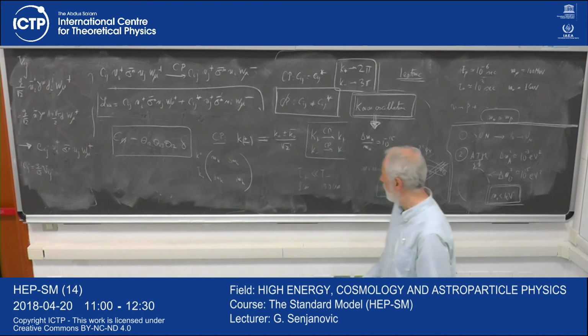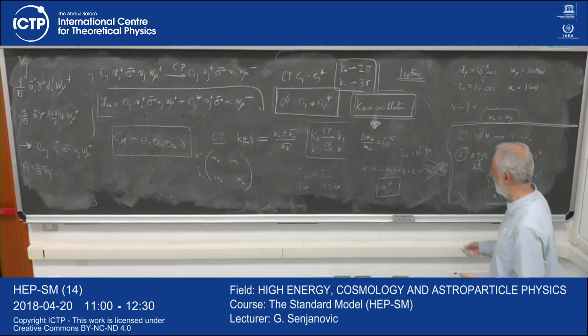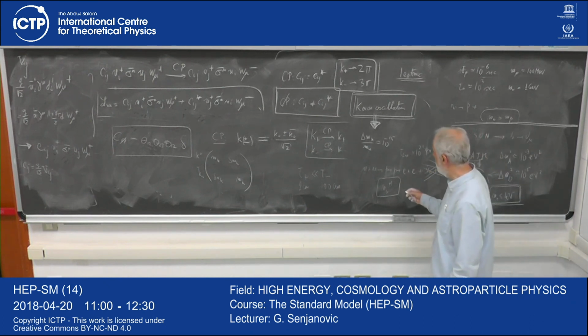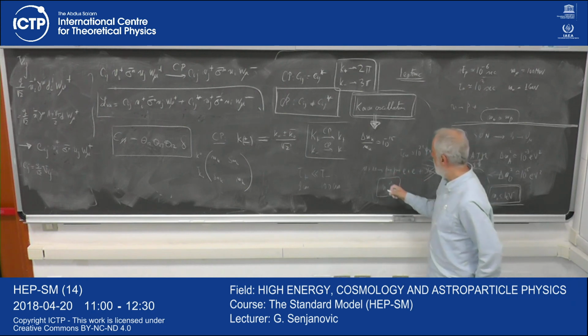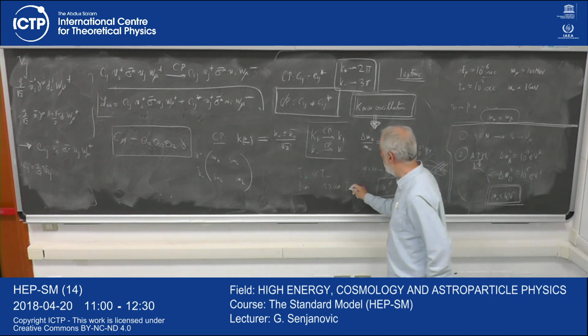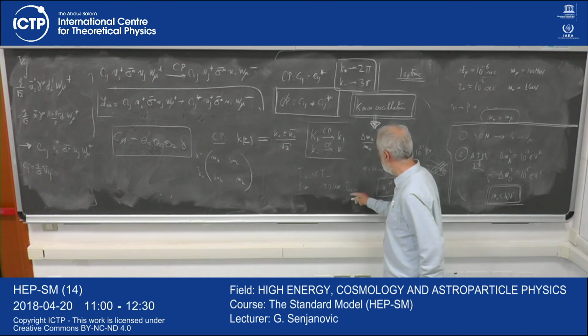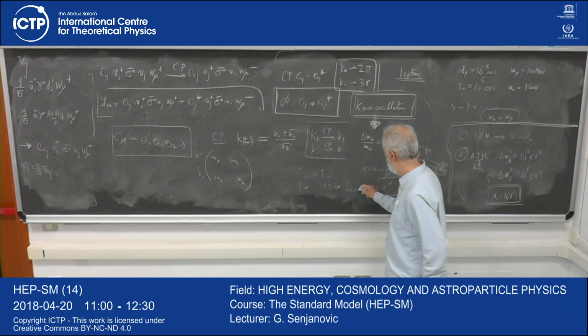It was the last paper before his disappearing, one of the few papers that he published, saying that this would happen. One was desperately searching for this process, and you don't see it, so you put an upper limit. 0 nu 2 beta, we call it. 0 neutrinos, 2 beta. It's bigger now than 10 to the 24, getting to 10 to the 25 years.